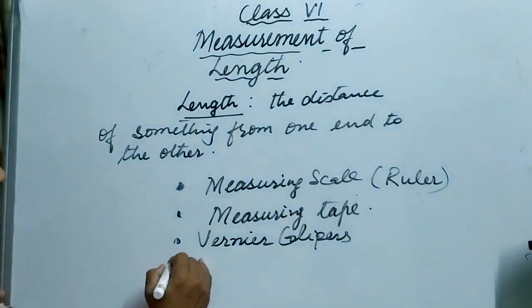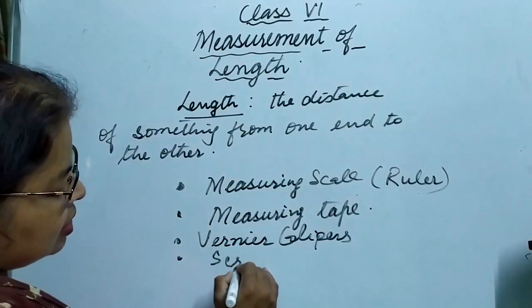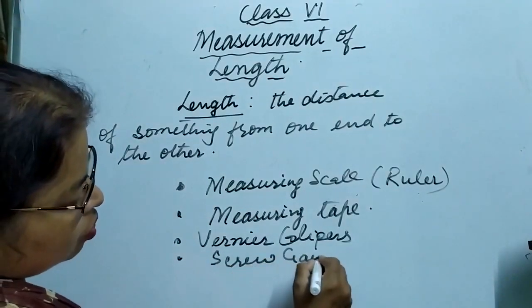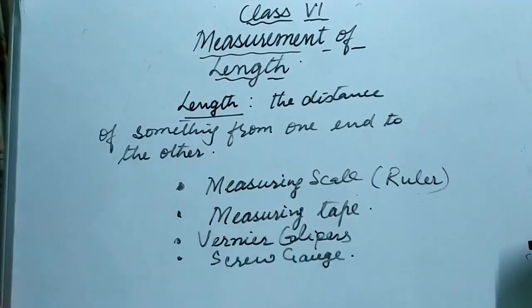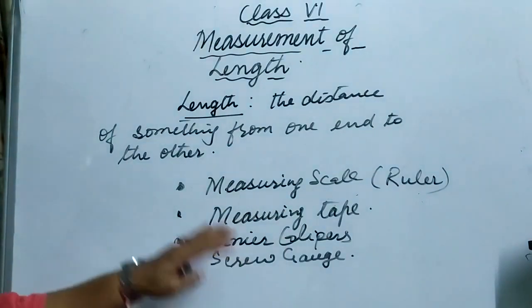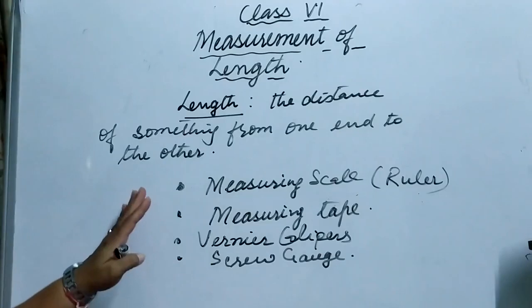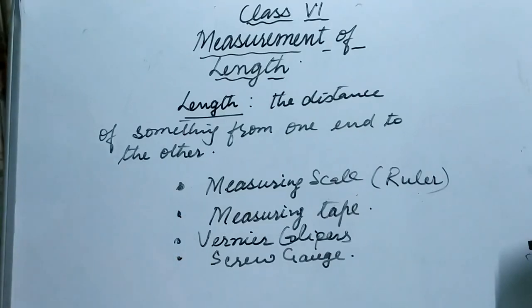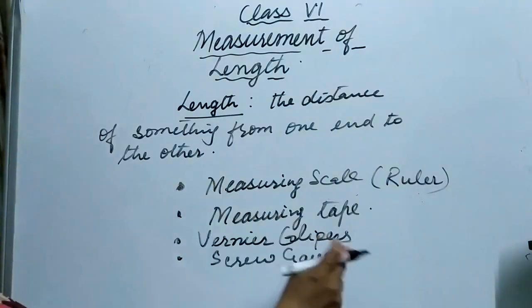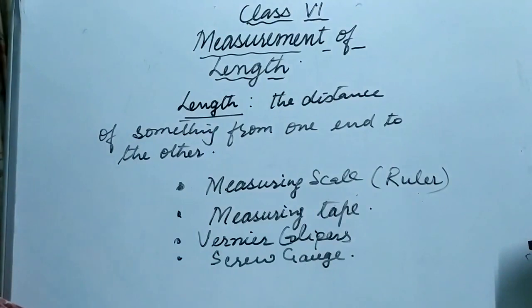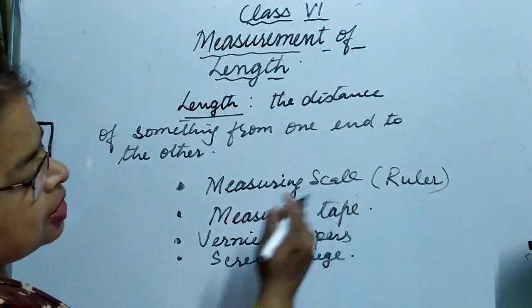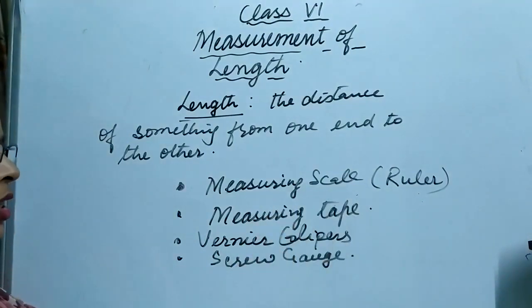And the another one is screw gauge. So these are the different methods or devices used to measure the length. They can be measured up to meters. They are used to measure smaller lengths than a millimeter even.